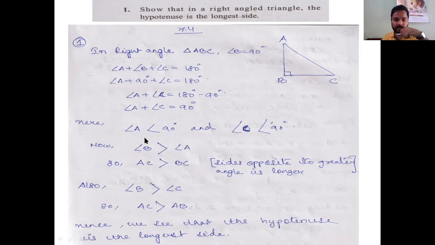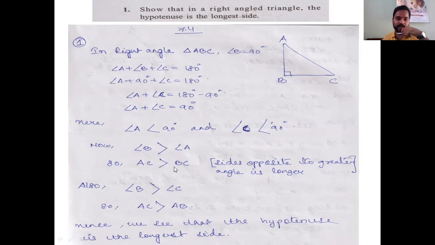So here what we understood, angle A is less than 90 and angle C is also less than 90, which means angle B is greater than angle A, because angle B was 90 degree and angle A is less than 90. So B is greater than A, which means opposite side of B is AC. So AC will be greater than, opposite of angle A is BC.